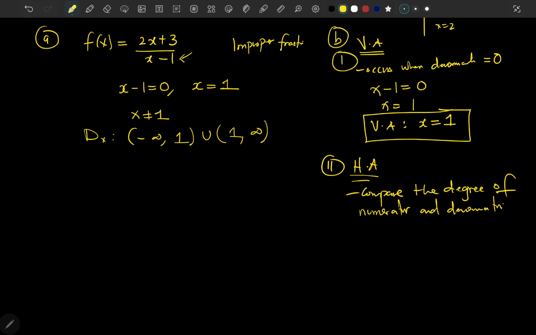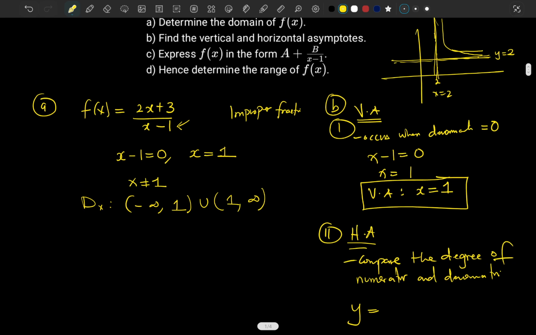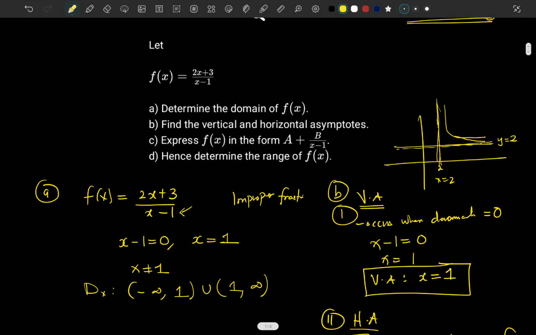Okay, look, the horizontal asymptote is usually a y value. Now let's check. Like I said in the beginning, they are x to the power 1 and x to the power 1, meaning they have the same degree, right?